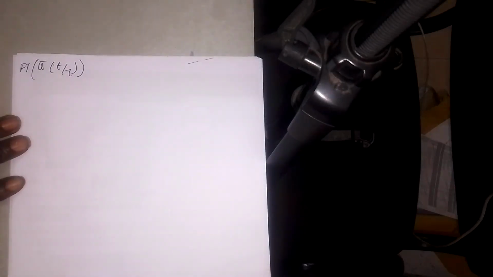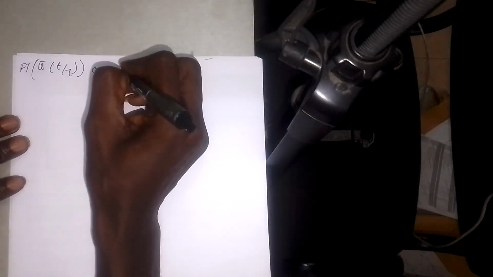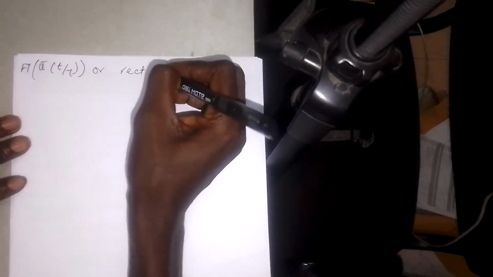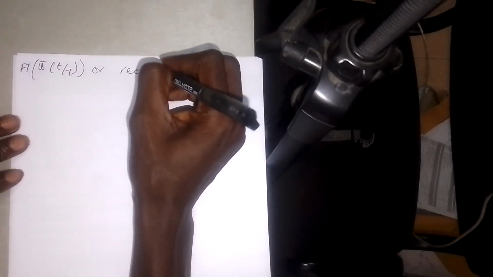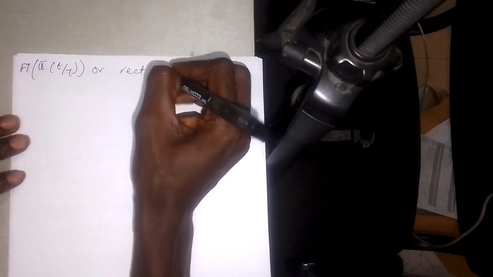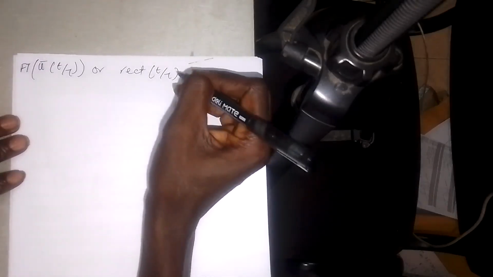We write the rectangular pulse like this: pi of t on tau. Or you can also write rect of t on tau, like this. So this is the rectangular pulse.